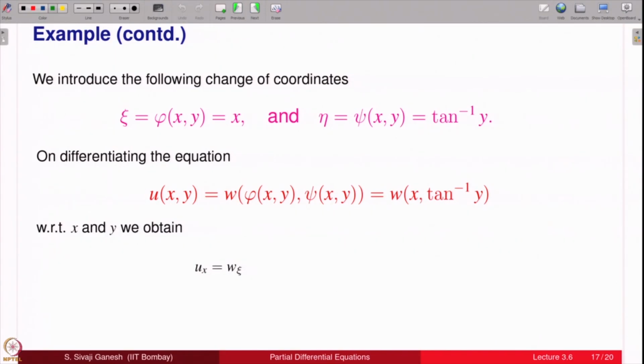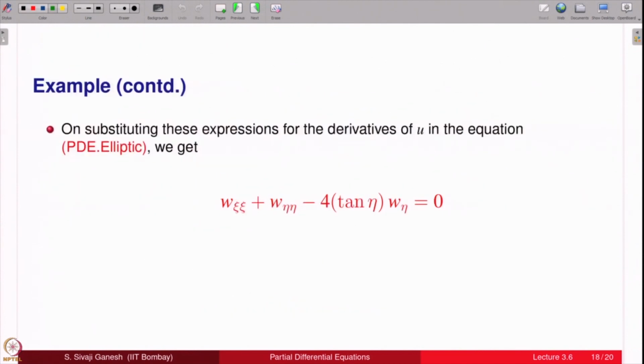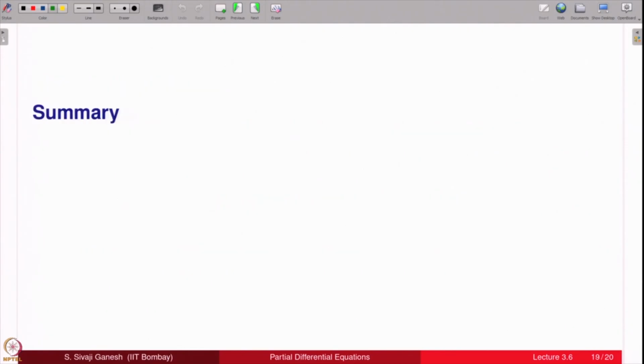Differentiate: x appears only here, so ux is w xi, as the derivative of x is 1, and uy will be w eta times the derivative of tan inverse y, which is 1 by 1 plus y square. You can continue like that, compute the derivatives, substitute in the given equation, and we get this. That is a canonical form of the given PDE.